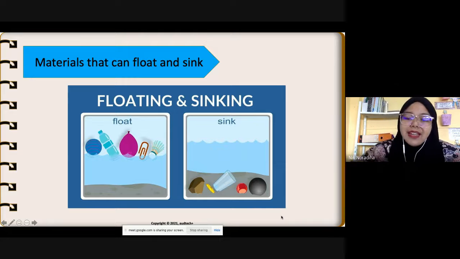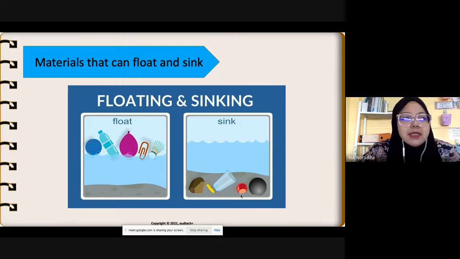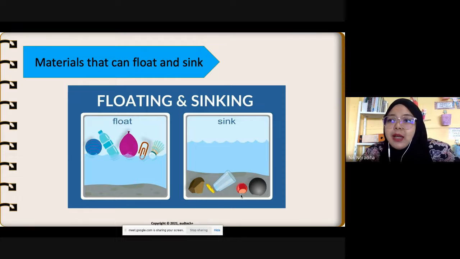If that object is sinking, at the bottom of the container or the sea or river, it means that object is more dense. More dense doesn't mean heavier, it means more tightly packed.